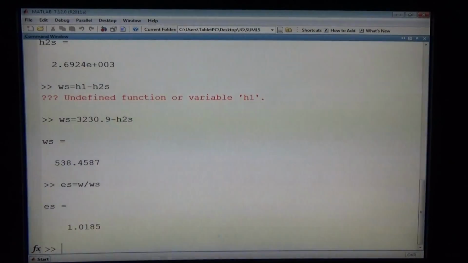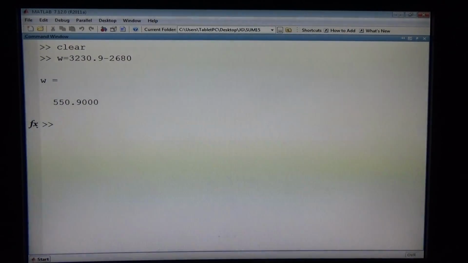And we get that the work per unit mass, H1 minus H2, H1 was 3230.9 and H2 2680.0. So our work per unit mass is going to be 550.9.